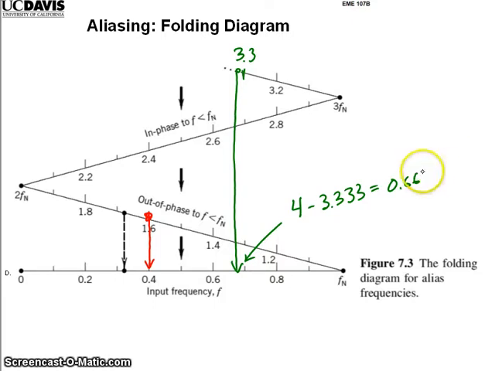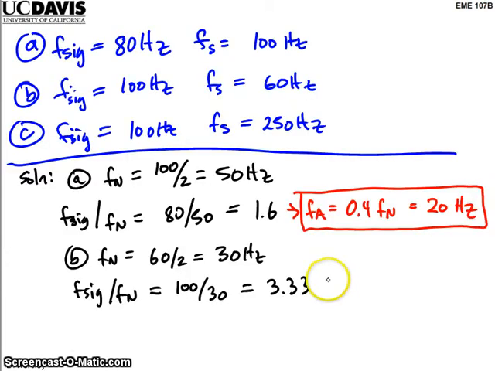I mean, 3 decimal places is enough. Okay? And so when I multiply 30 by 0.667, I get 20 hertz. Ooh, the same thing. Haha.